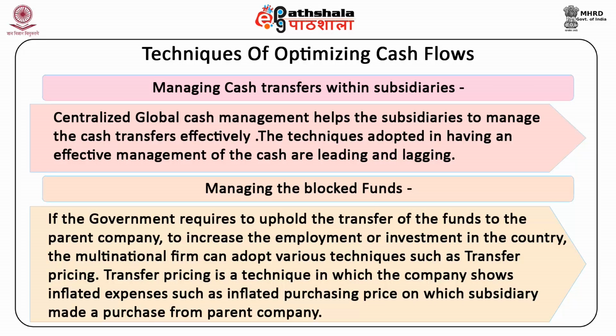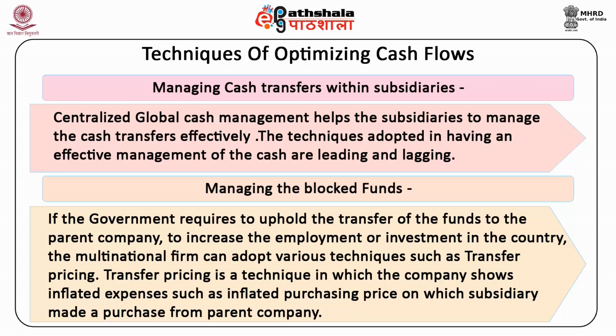Transfer pricing is a technique in which the company shows inflated expenses, such as an inflated purchasing price on which the subsidiary made a purchase from the parent company. In this technique, the subsidiary is not showing transfer of the funds directly. However, the funds are getting transferred to the parent company indirectly by the name of purchases.